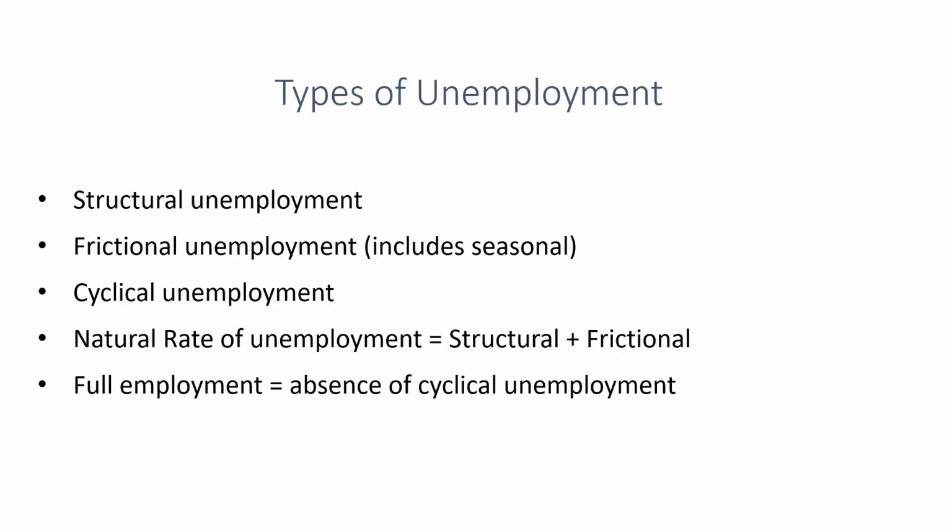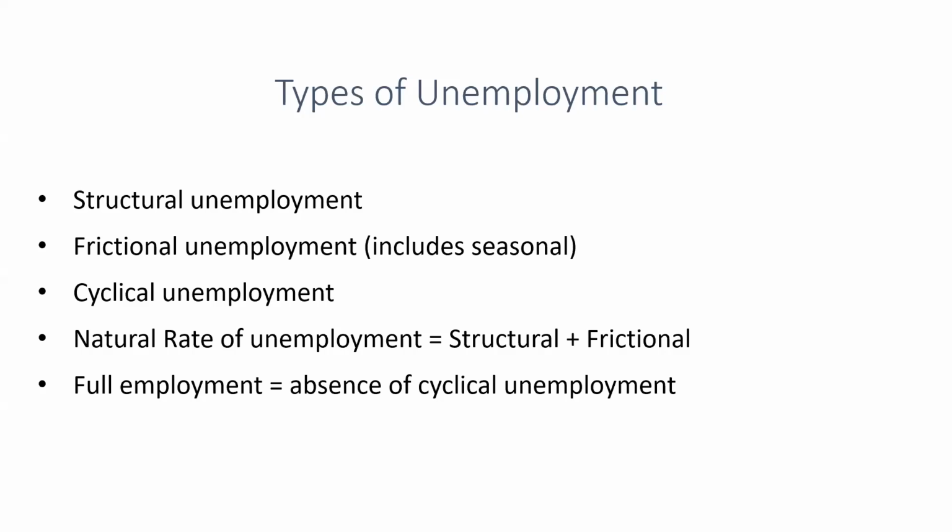Natural rate of unemployment is basically the addition of structural and frictional unemployment. So add your structural unemployment, add your frictional unemployment together, and what you get is called the natural rate of unemployment. We say in economics that an economy or a country has reached full employment, not if everyone is employed, but only if there is no cyclical unemployment.